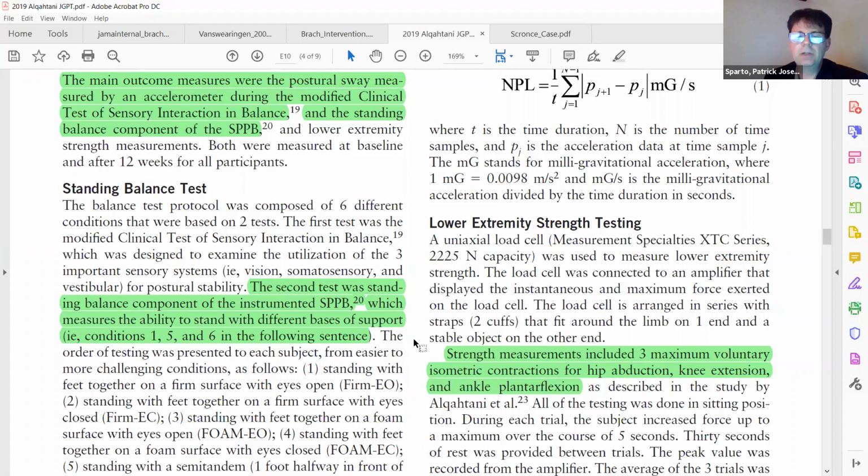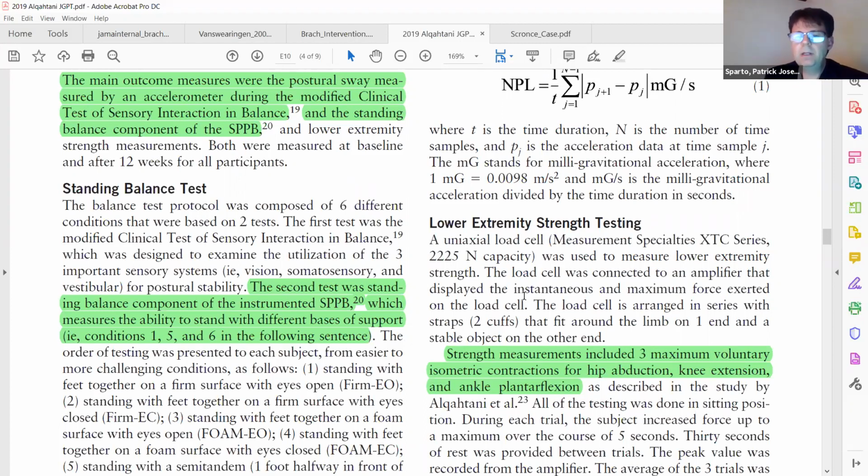In addition, we added 2 other tests, standing balance in the semi-tandem stance and also in the full tandem stance. While the participants stood in each of those conditions for 30 seconds, they had an accelerometer attached around their waist to measure their body sway in the anterior-posterior and medial-lateral directions. Those were the main measures for the balance test.